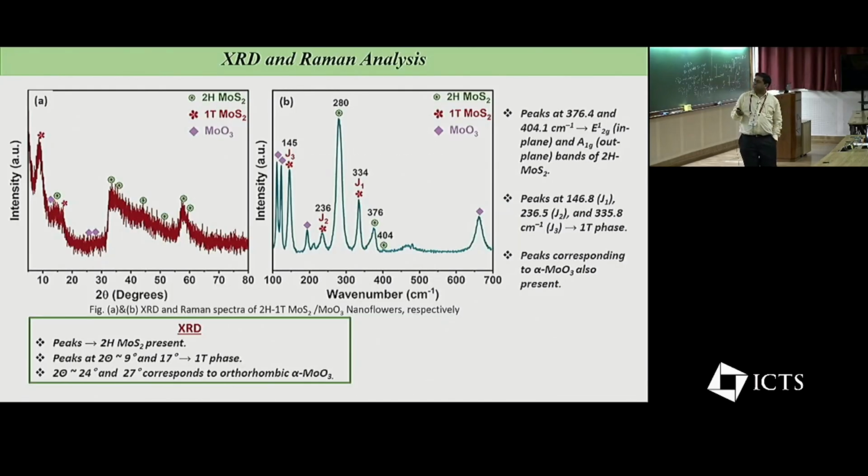In the characterization part, through XRD and Raman, we showed that this material has both 2H and 1T phases, and it is also mixed with MoO3, which gives some more colloidal stability to the nanoflower, and it is in the orthorhombic phase. All of these are present in the nanoflower, which is proved through XRD data and Raman spectrum.